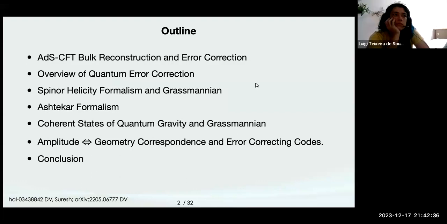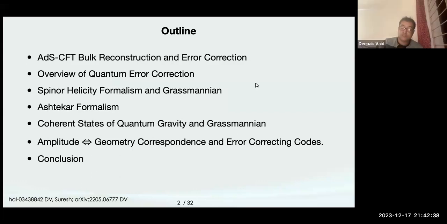To the best of my knowledge, this was first constructed by Maldacena back in 2003. And now you can study a particular kind of state which is called a thermofield double.